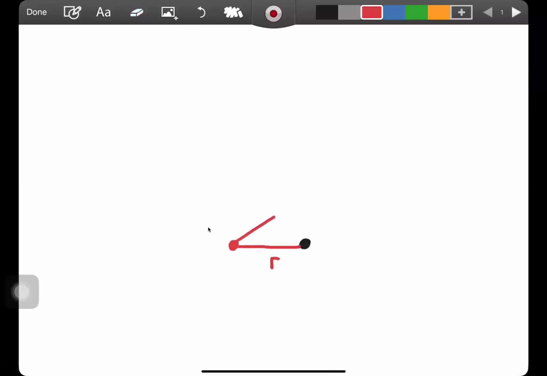And then let's say that it's got some radius r from some center axis of rotation. And then let's say that at some later time, also of radius r, that same mass is right here. And in that time, an angle theta has been swept out, meaning that there's this much arc length that's been swept out. And we define that arc length as r theta.